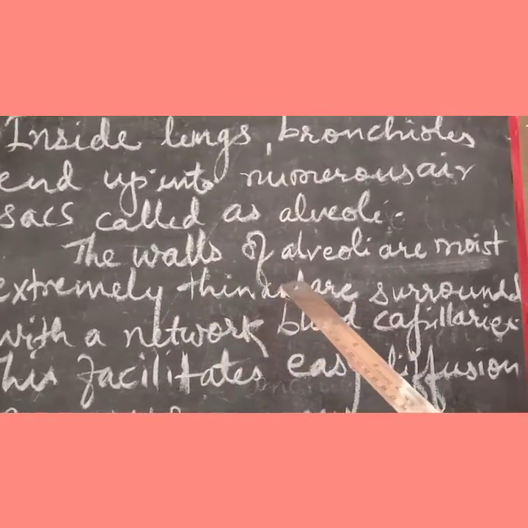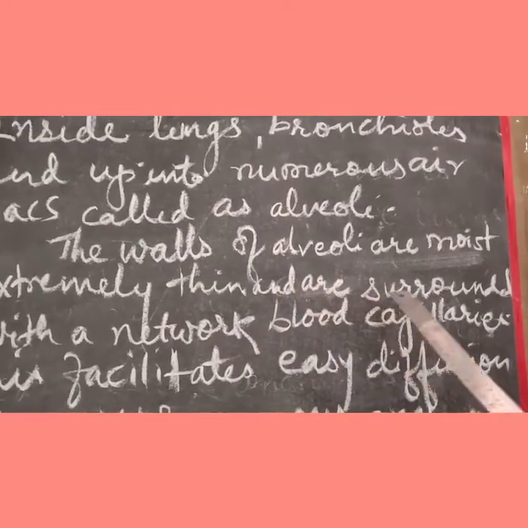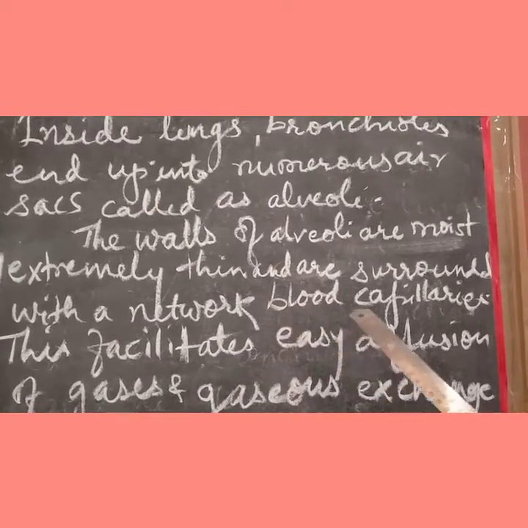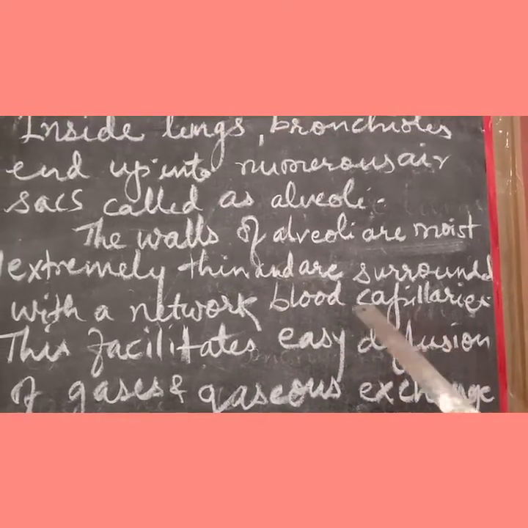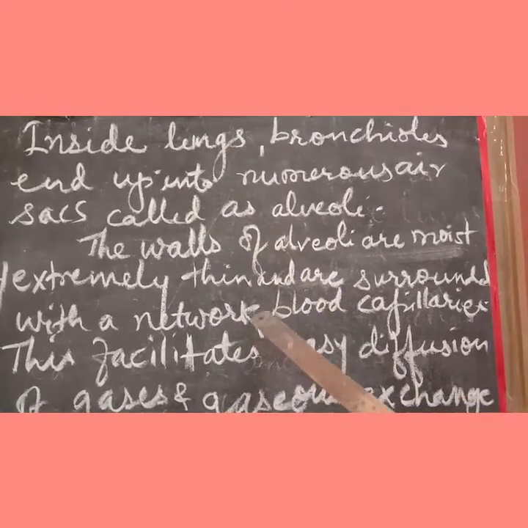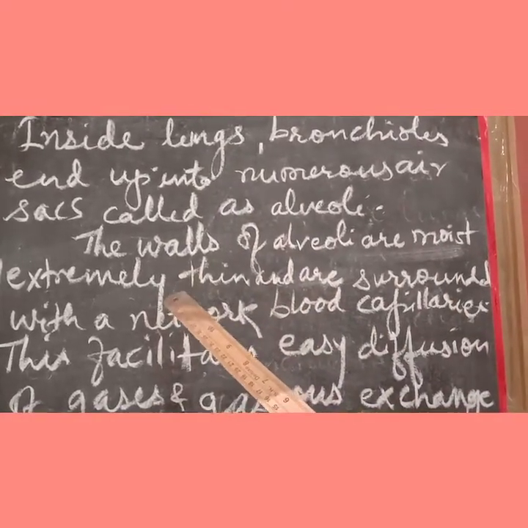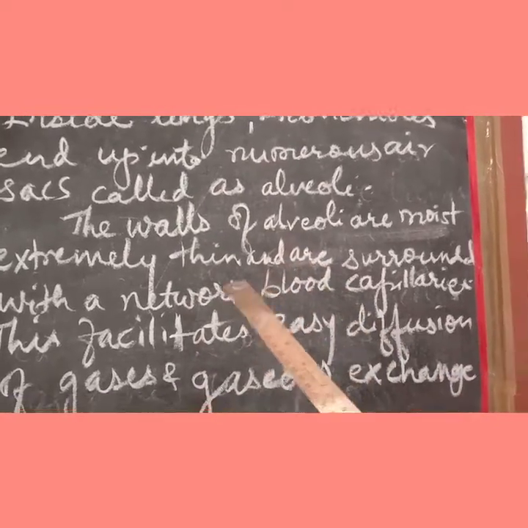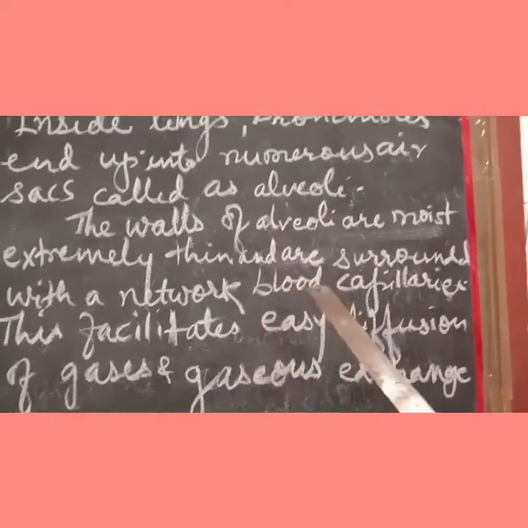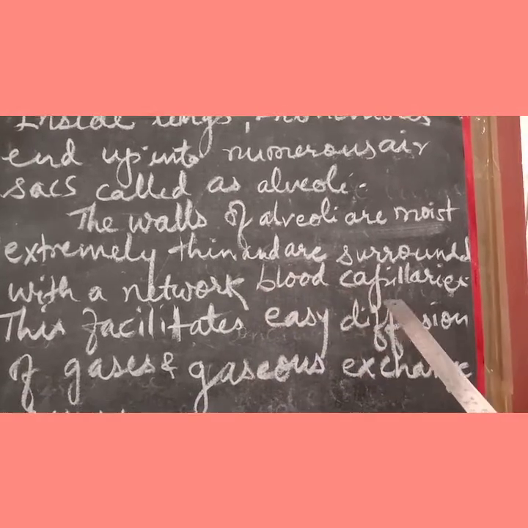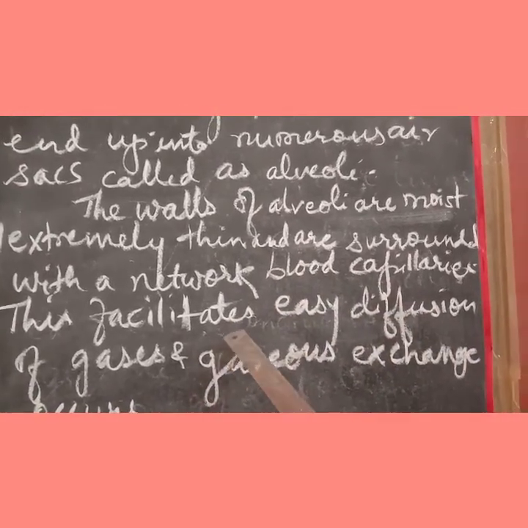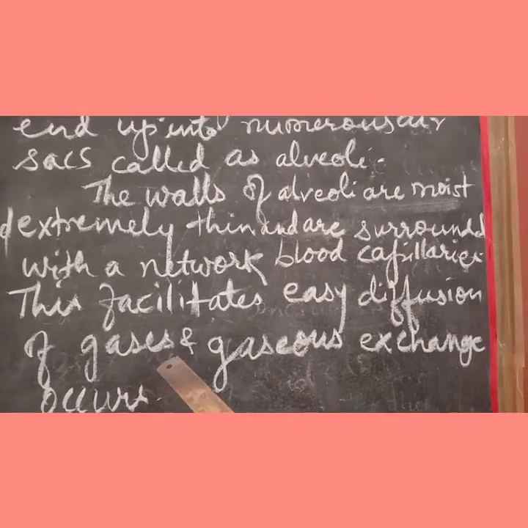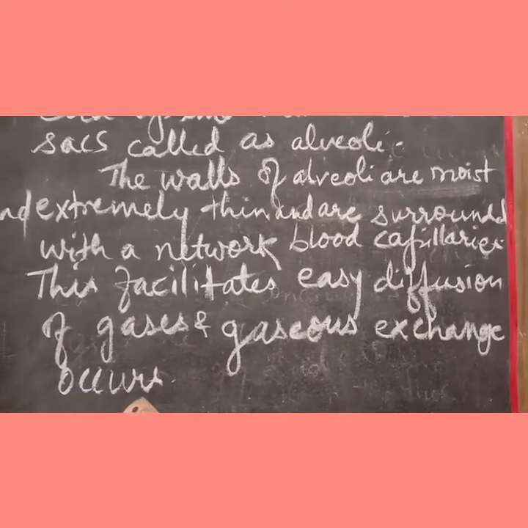And the walls of alveoli are also surrounded with a network of blood capillaries. Both these things, the moistness and extreme thinness of the walls of alveoli, and the fact that the walls are surrounded with blood capillaries, facilitate easy diffusion of gases, and this is how gaseous exchange occurs there.